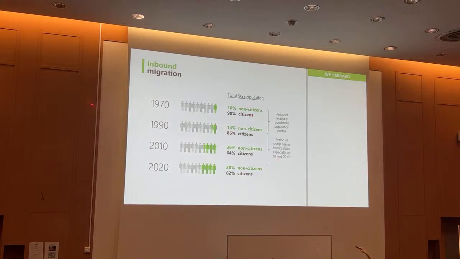Then for the next 25 years, you have a period of sharp rise in migration up to about the mid-2010s. Because of this, you can see a big change in the citizen share. The proportion of citizens has fallen quite substantially to about 60% now.